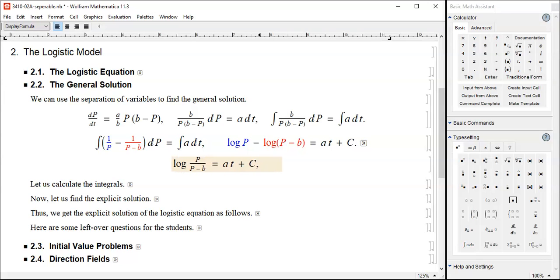And then we can take the exponential to remove the logarithm. P over p minus b is equal to exponential of at plus c. Is everybody happy with this computation here?